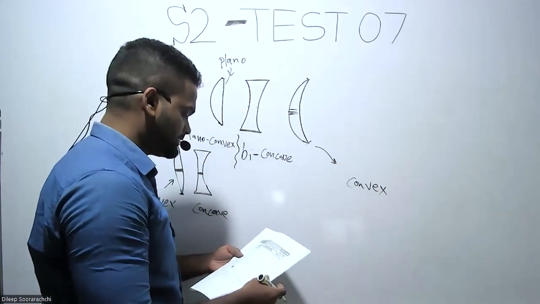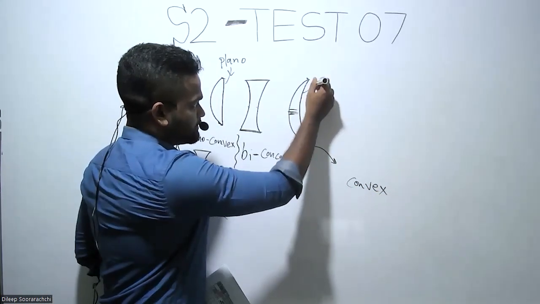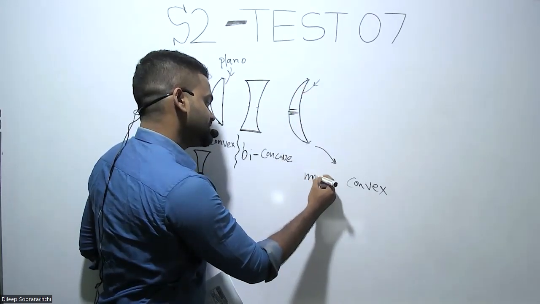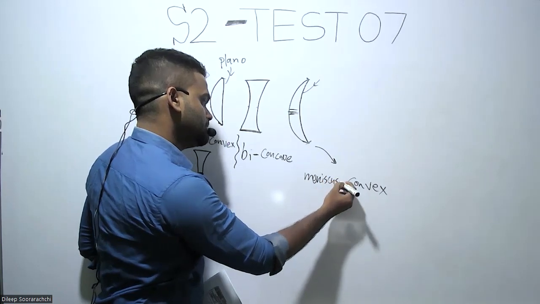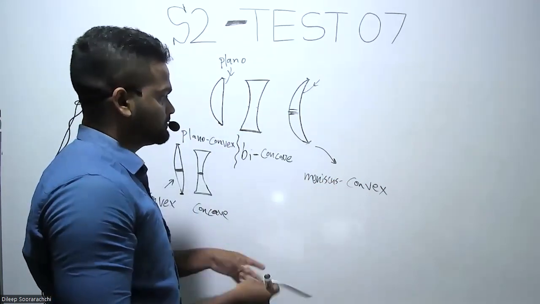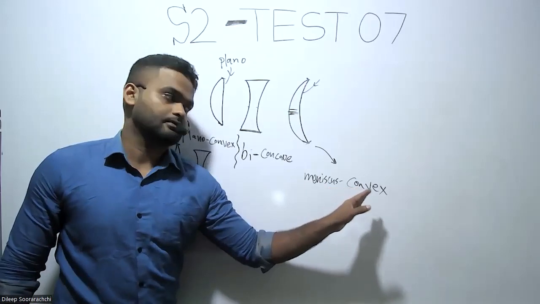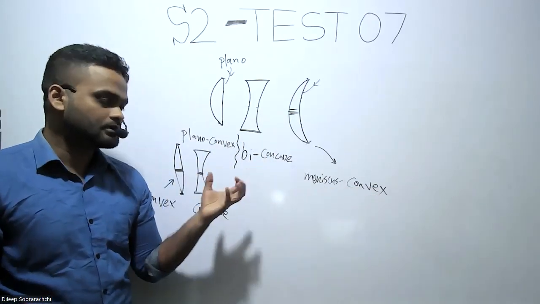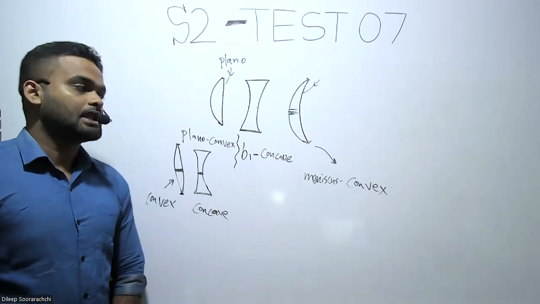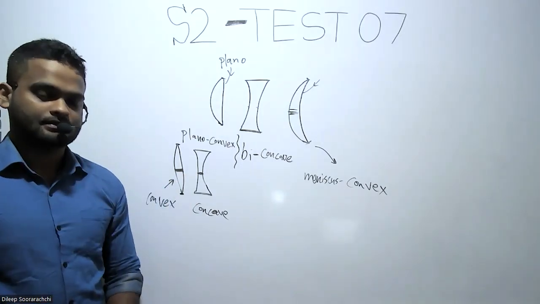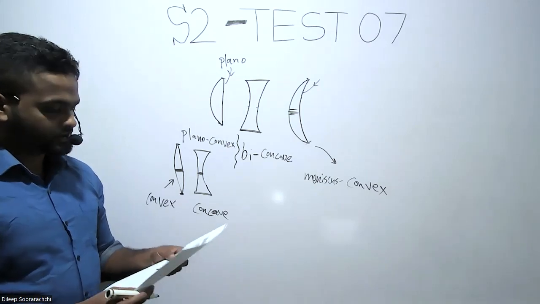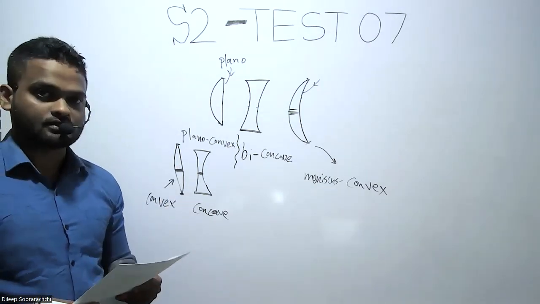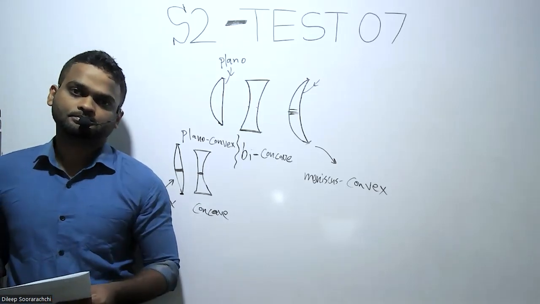One of the shapes is a meniscus shape, meniscus convex, so we call that meniscus convex. So in this way, if you clearly understood what I said, you could name any type of lens like that, right? So the answer for this should be the fifth one. That's the matching answer for the first question.